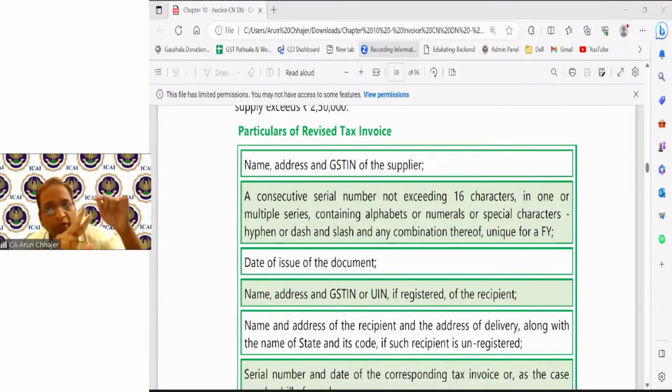The transaction or supply is made between the effective date and the date of registration. I will issue the revised invoice within 1 month from the date of registration.